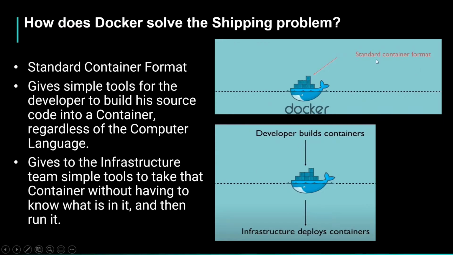So these are the three things that Docker is doing: it's providing a standard format, helping developers to build those containers, and helping infrastructure providers to deploy and run the containers. That's what Docker is doing.